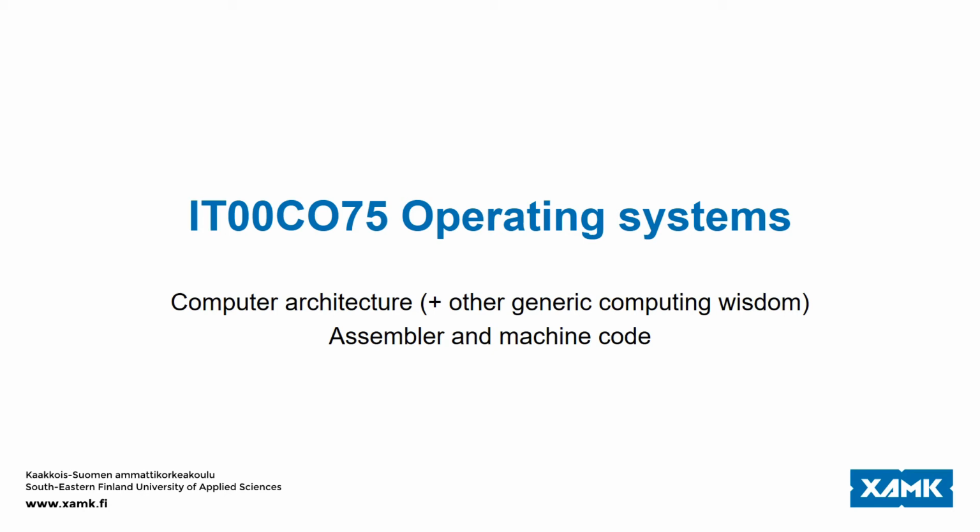This lecture video will cover some aspects of the computer architecture. We mentioned these aspects very briefly last time, and now we will look at a couple of blueprints for computing devices in more detail.